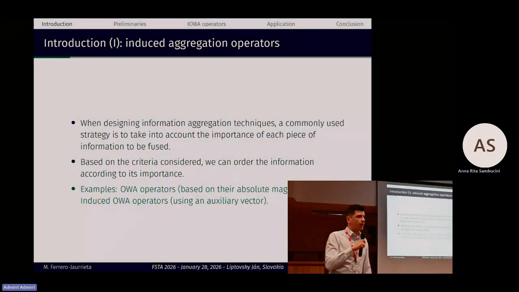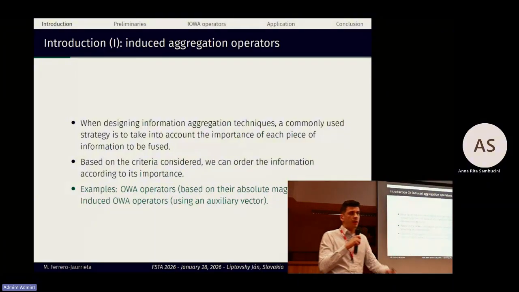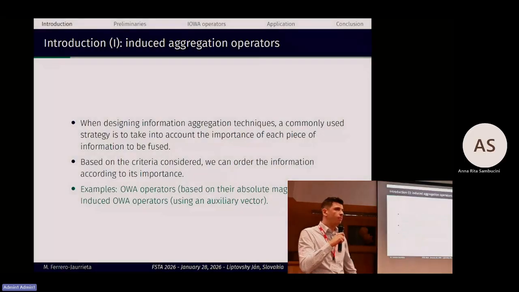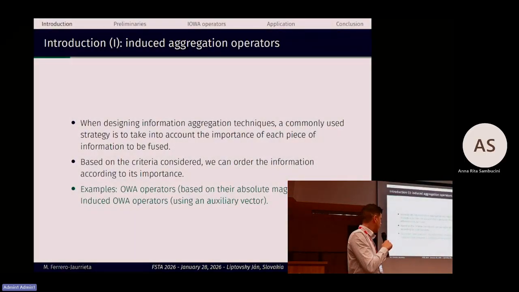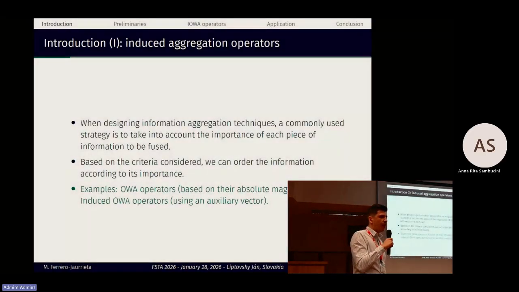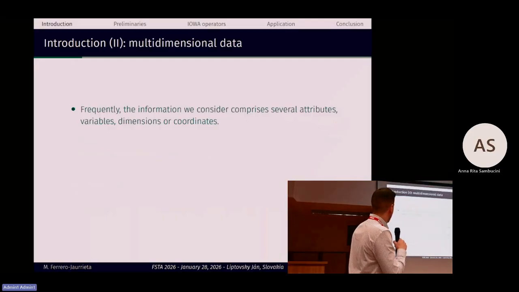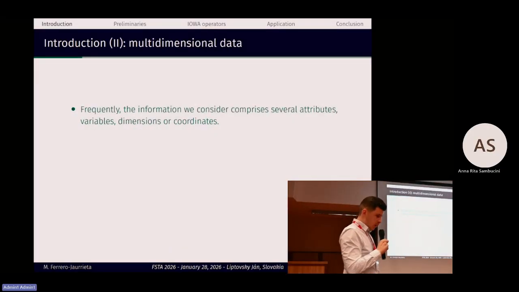Some examples are the very common OWA operators, where the inputs are ordered based on their absolute magnitudes, or induced OWA operators, where the values are ordered taking into account an auxiliary or secondary vector. There are many other operators, but I am going to focus on these OWA or induced OWA operators.